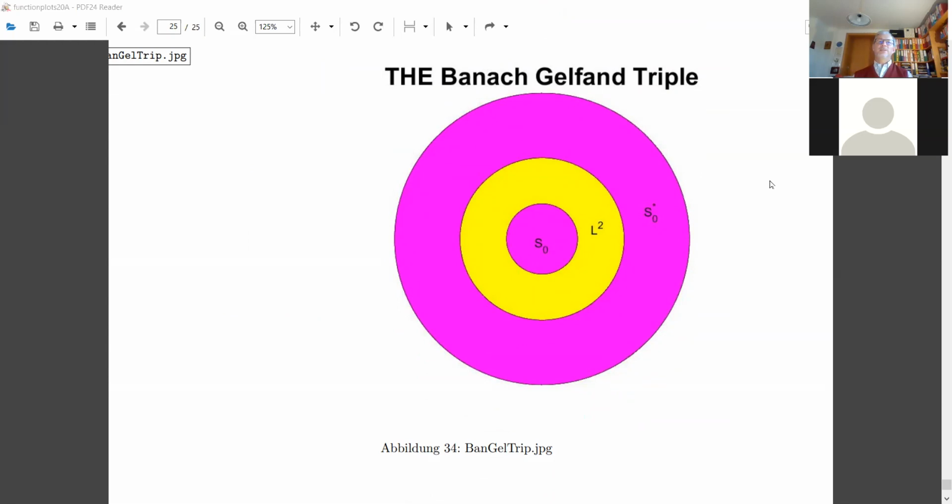So we have already seen that we can do things for simple functions like continuous functions with compact support, but unfortunately their Fourier transform cannot be so nice, so they cannot have compact support. That's why you need other spaces. But we will work with this object, which I call a Banach-Gelfand triple.